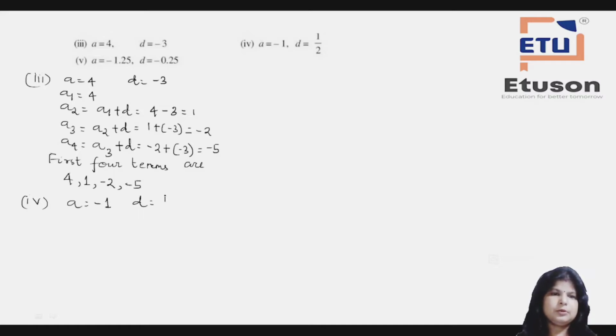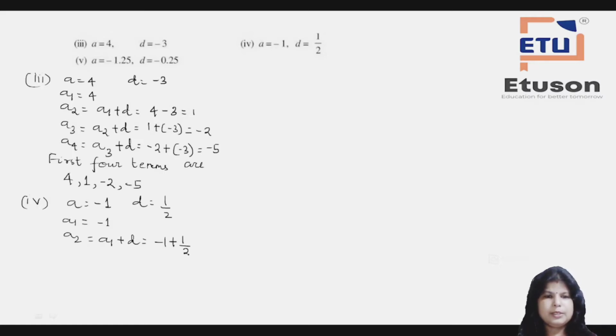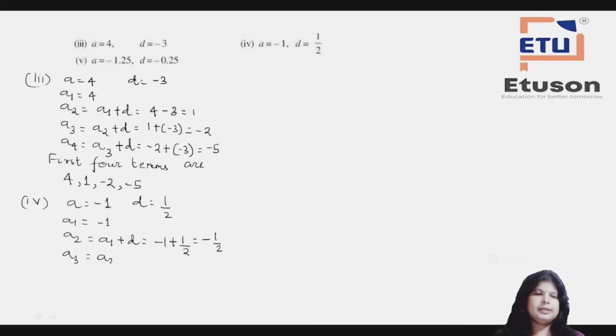Correct. Now bit 4. Your A is equal to minus 1. D is equal to 1 by 2. So what is your A1? A1 is equal to minus 1. What is A2? A2 is equal to A1 plus D, that is minus 1 plus 1 by 2. So what is the answer? The answer is minus half. Correct or not? What is A3? A3 is A2 plus D, that is minus half plus half, that is equal to 0.